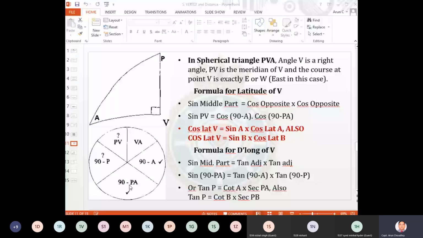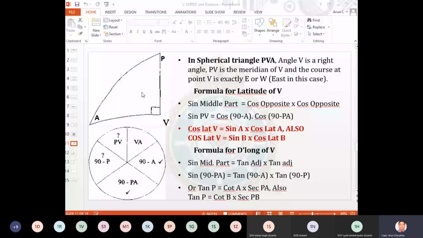Okay, let's proceed further. Now that you know how to make the Napier's diagram, one more thing I will tell you here. If we make a mirror image of this PVA, we can have PVB also. Then accordingly we can fill up this diagram.